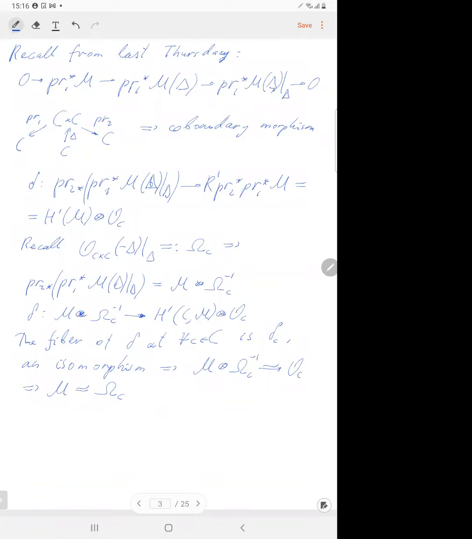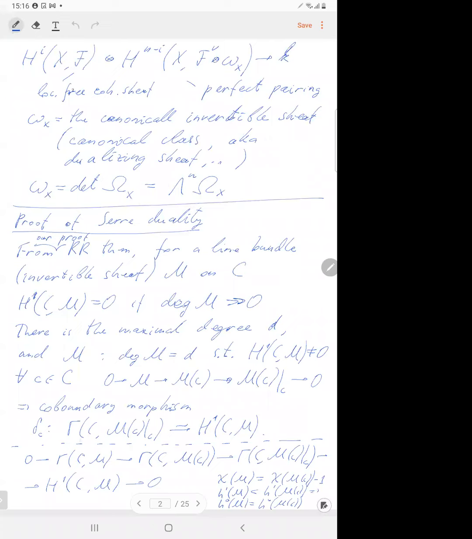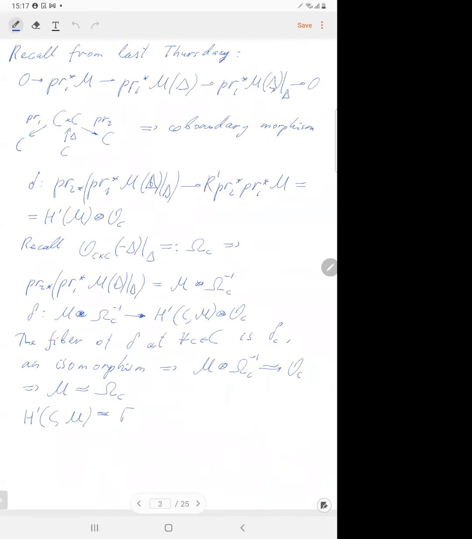I mean, this H1 of C with coefficients in M was isomorphic to the sections of the sheaf M of C relative to C. If you take the canonical generator of this space, you get the canonical generator of the first cohomology. So this is a canonical isomorphism.